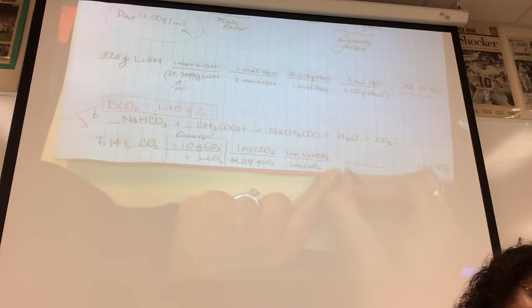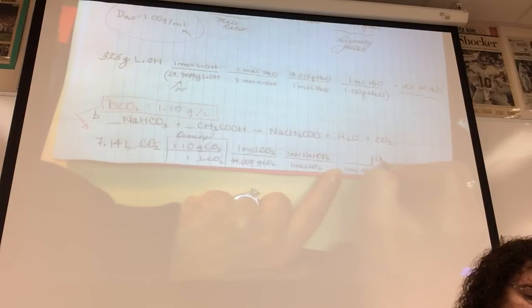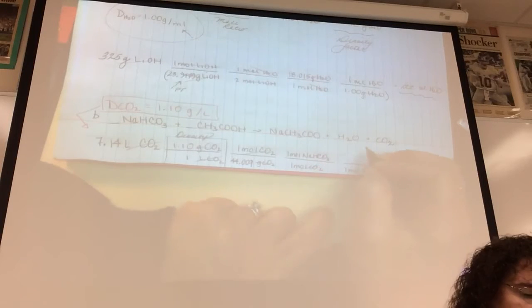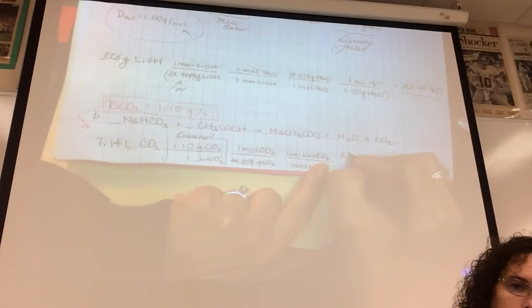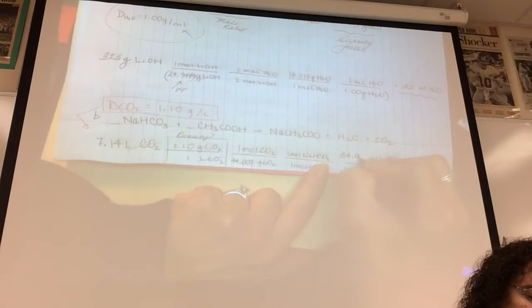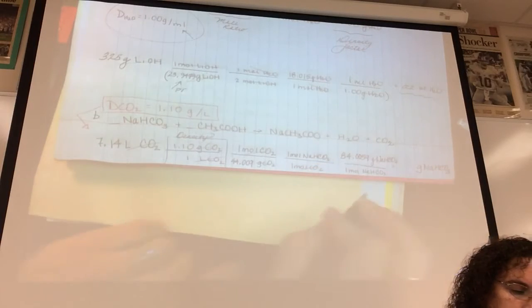Mole to mass. So you have 1 mole of sodium bicarbonate to its mass in grams, again off the periodic table, and that's 84.0059.